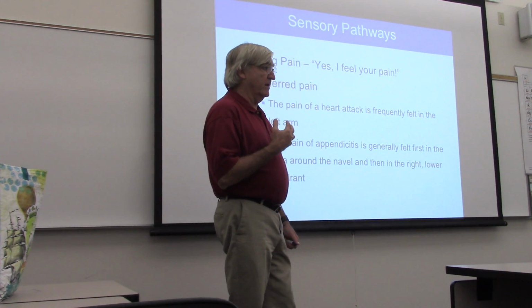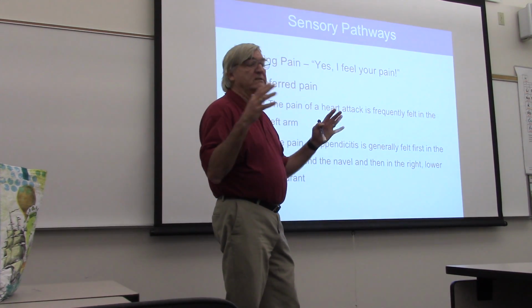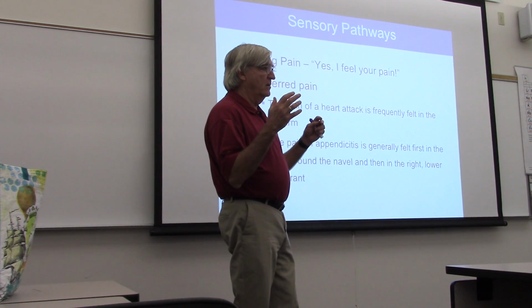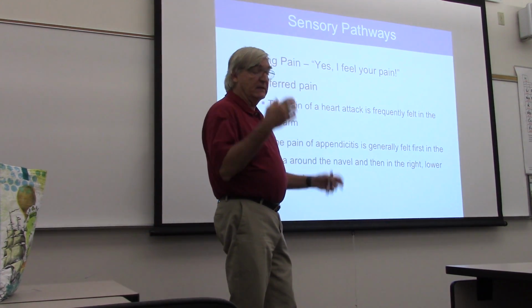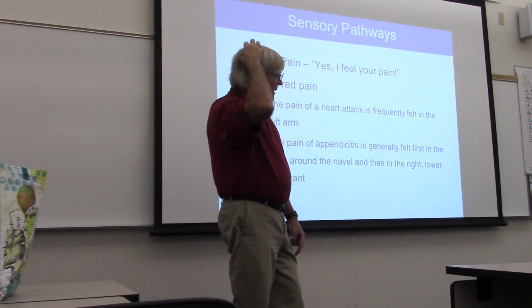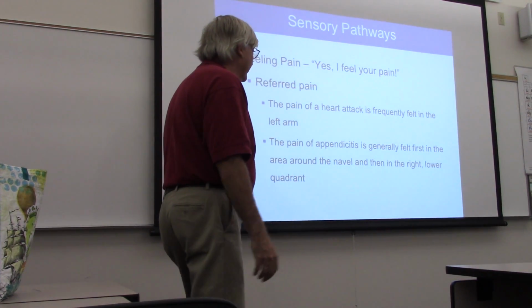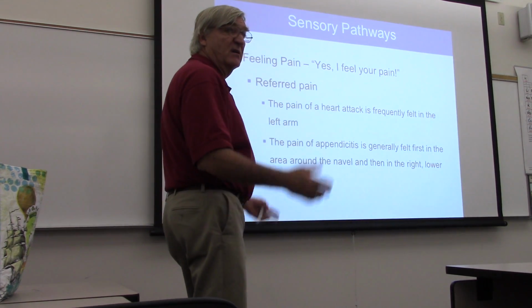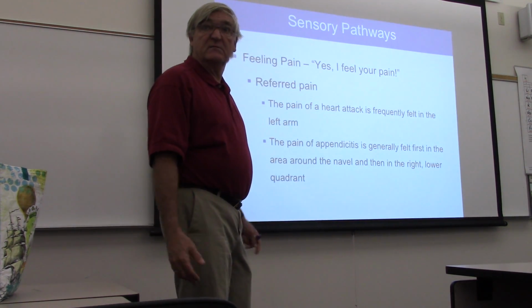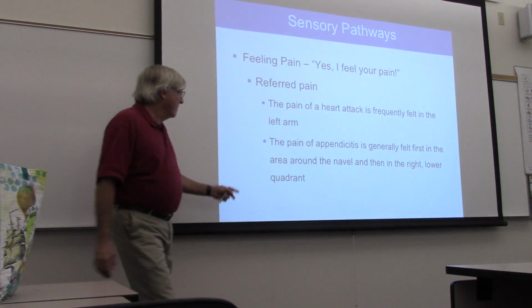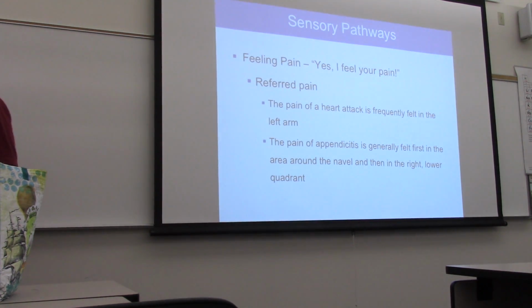The symptoms of cardiac pain in women have always been confusing. That's why so many women get sent home from the ER with a heart attack. It's because their symptoms are really quite different than they are in men. And it took medicine a long time to figure that out, because, you know, women, gee, they're not supposed to get heart attacks, right? Men get heart attacks. But anyway, so that's a type of referred pain.